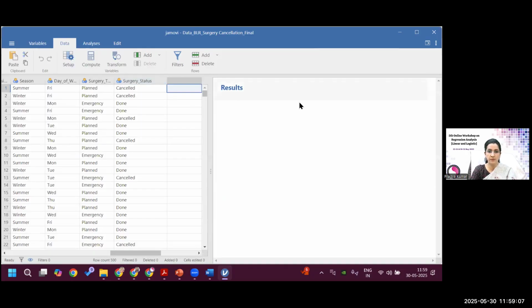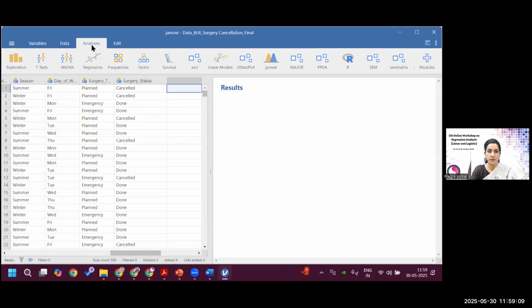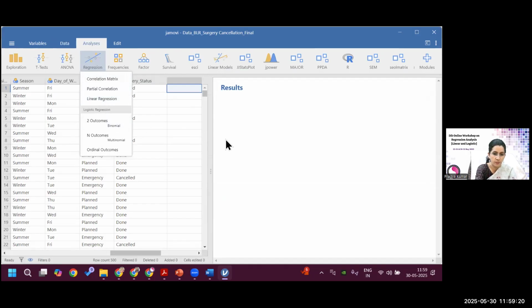This comes as a general package, in the option of regression. So you go to Analyze, Regression. We have seen the correlation matrix. We have seen linear regression. Now in logistic regression, you will see there are 3 options, the way we were just discussing. If it is a 2 outcome, then it is binomial. JAMOVI also guides you.